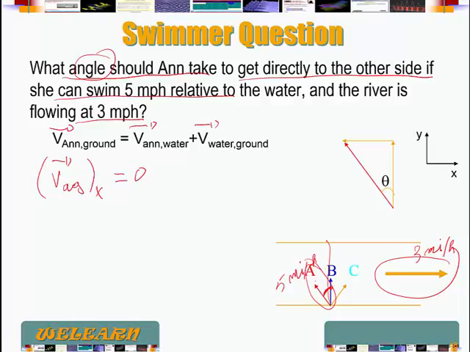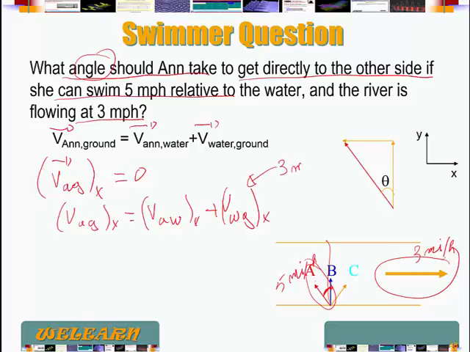But what's V Anne relative to ground? V Anne relative to ground along the x is V Anne relative to water along the x plus V water relative to ground along the x. V water relative to ground along the x is given. That's 3 miles per hour. This is our unknown. This is going to be 5 miles per hour times the sine of theta.